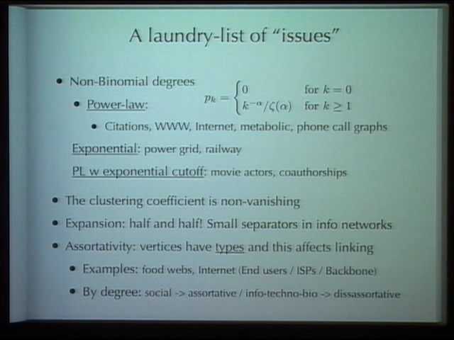One particularly simple notion of type by which one can see assortativity is the degree. In social networks, it turns out that high-degree vertices tend to link to other high-degree vertices more than one would expect at random. But in informational, technological, and biological networks, it turns out that the opposite is true.